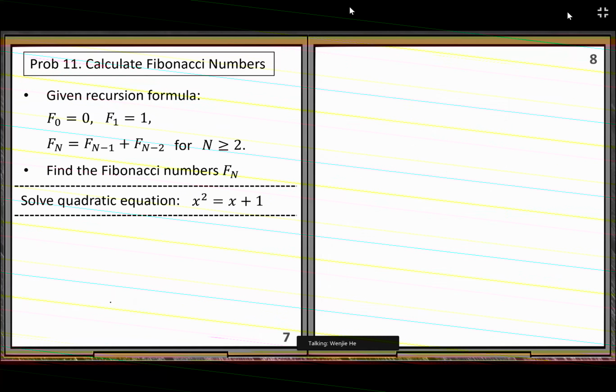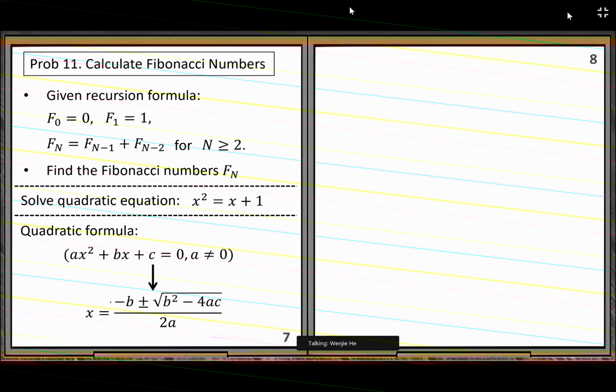Solve the quadratic equation x squared equals x plus 1. That is the quadratic formula. For the general quadratic equation, when the coefficient a is not equal to 0, x equals this quadratic formula.